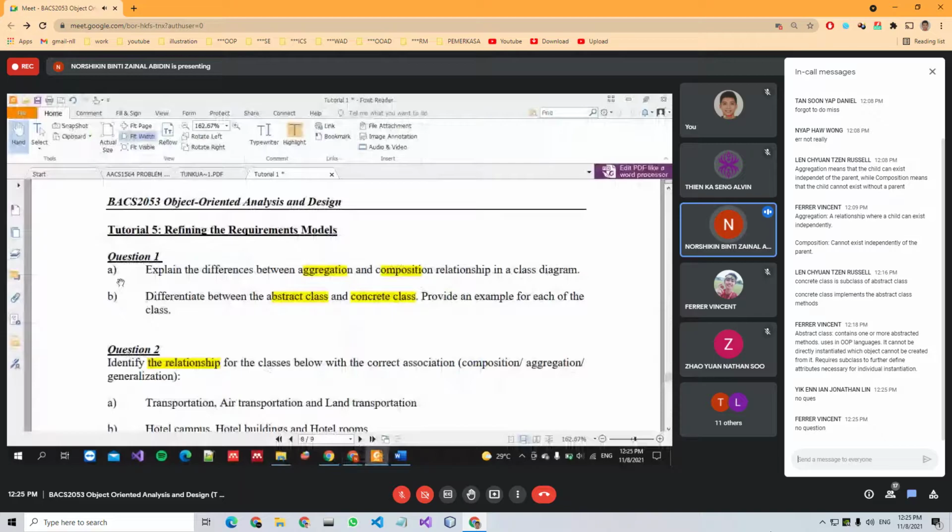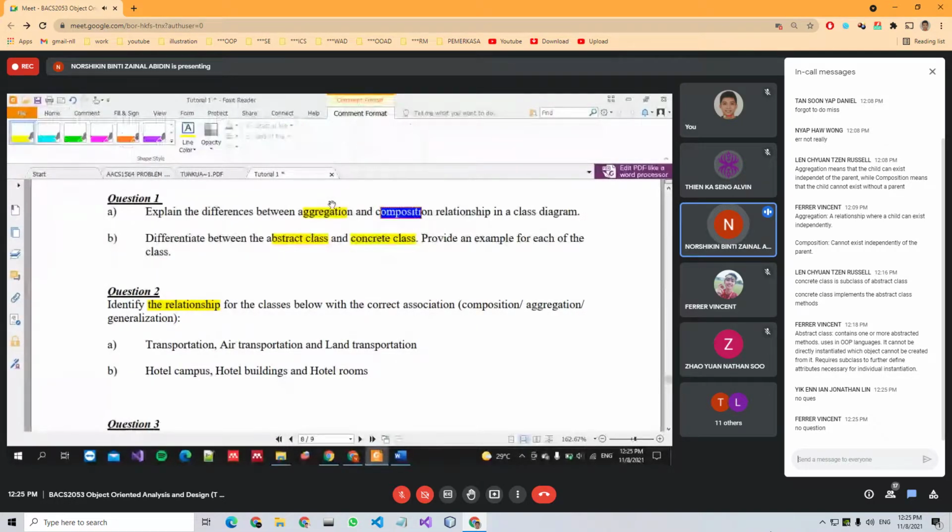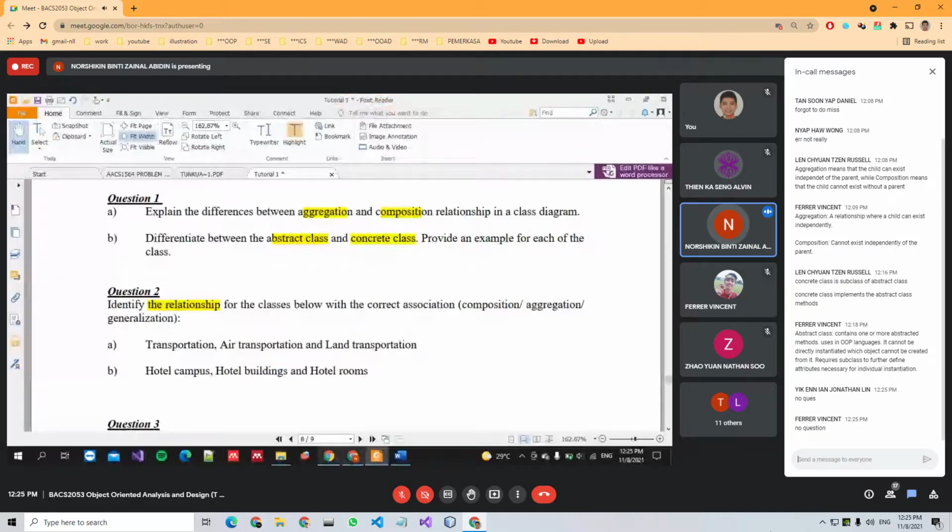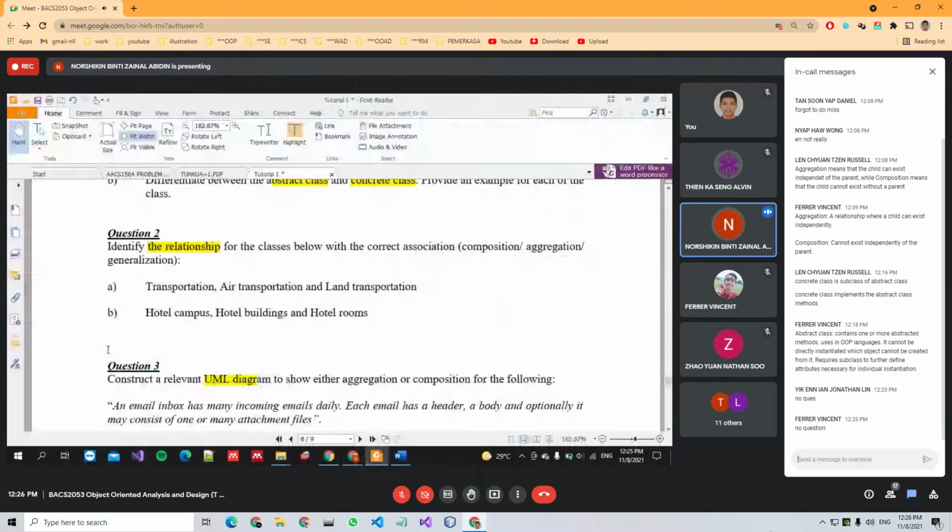Of course, you need to know the concept of each term used in order to differentiate their function or the use of the relationship. Okay, so I can proceed to question number 2, relationship.